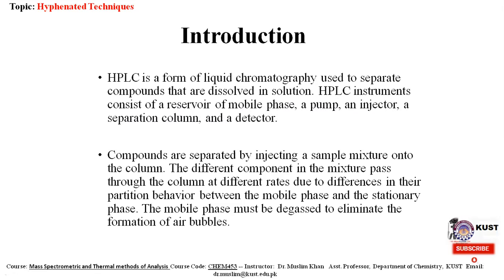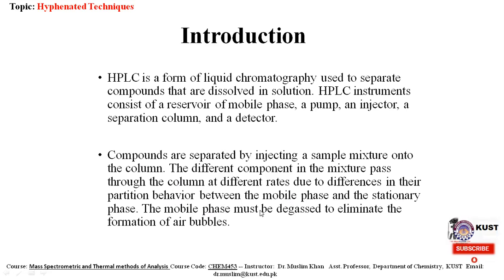So compounds are separated on the chromatographic column by first injecting a sample mixture onto the column. The different components in the mixture pass through the column at different rates due to differences in their partitioning behavior or interacting behavior between the mobile phase and the stationary phase.